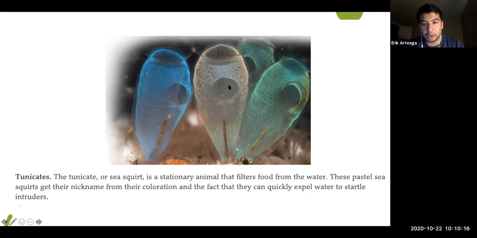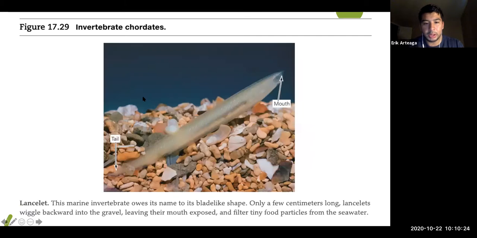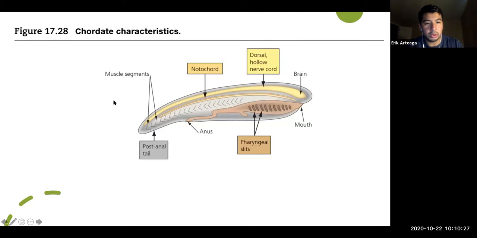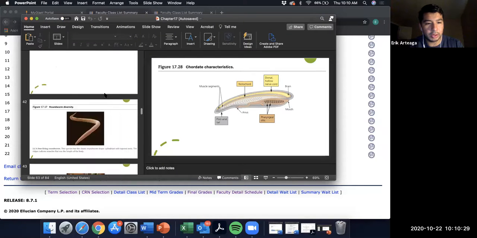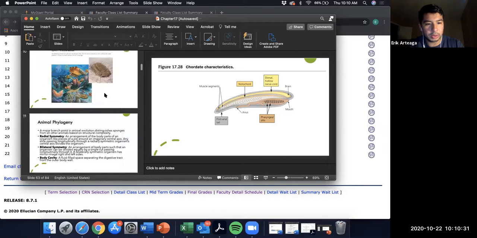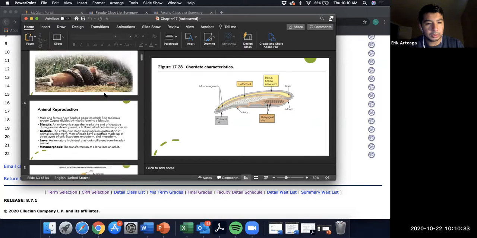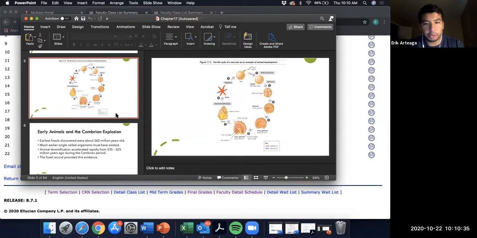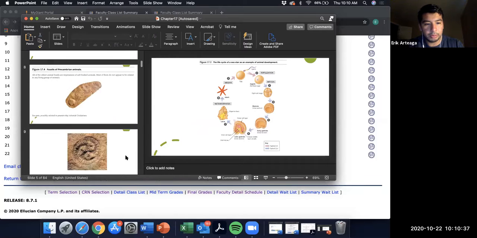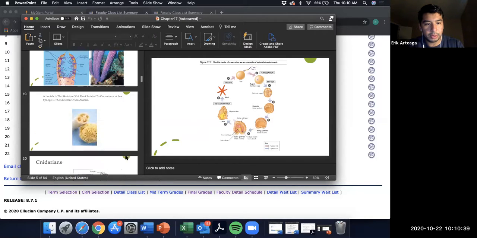This looks more like our filter feeders, porifera, but again, they are single organisms and they're more developed in unison, right? These cells are going to be more closely related together. Whereas, let me see if I can show you what the porifera is. So porifera, right? Oh, here, right?